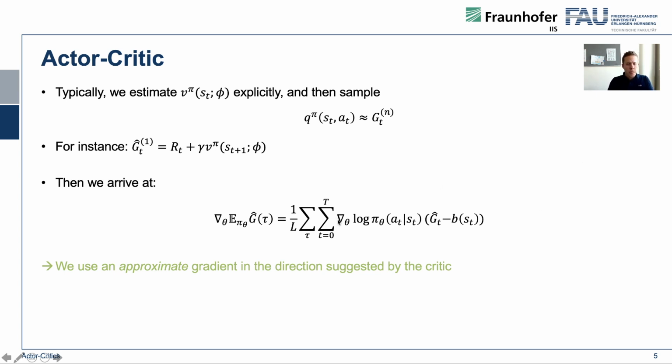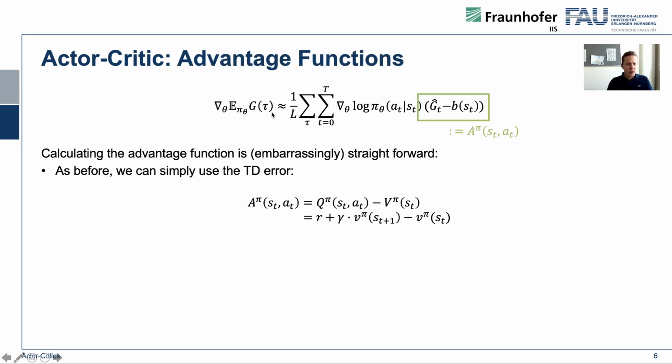Okay, so if you do something like this, we will actually use this approximation. What we actually will be doing is, this is approximated, so we will not have the real target anymore, meaning that we introduce a little bit of bias in the estimation of the gradient. However, if we now put that in here, we have seen this in the vanilla policy gradient algorithm in the previous slide.